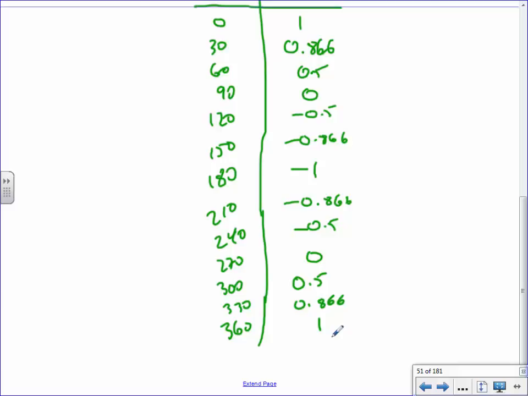Let me know if you don't have what I put on the board there. It's the same numbers. It's actually, truthfully, in the same order that it was before.